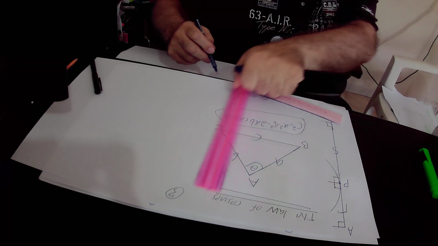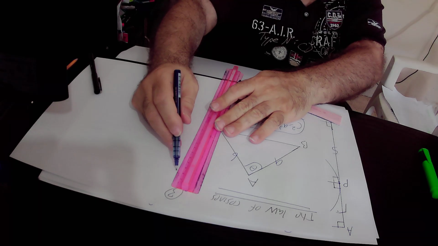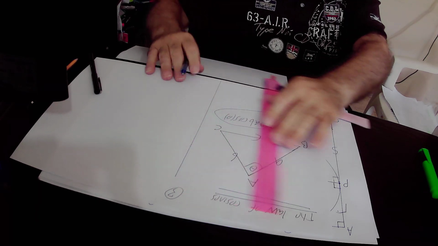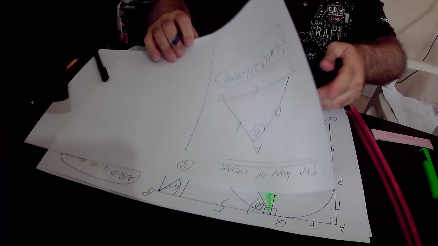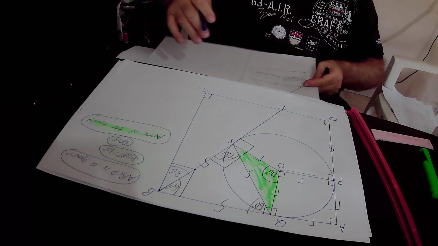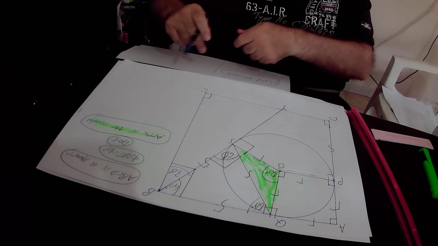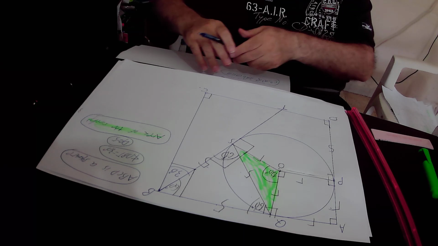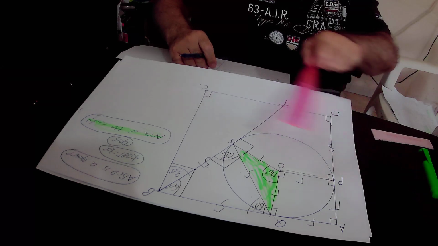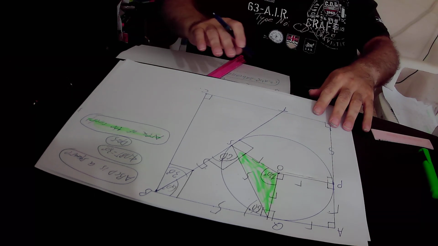You can implement the law of cosines in the green triangle QOS. So you copy triangle QOS in this new page, and we implement the law of cosines in the green triangle QOS.